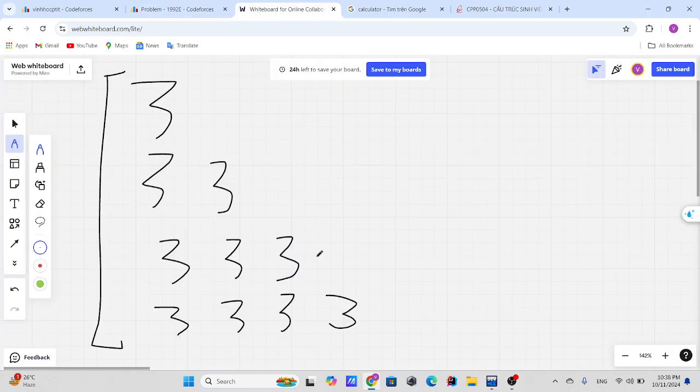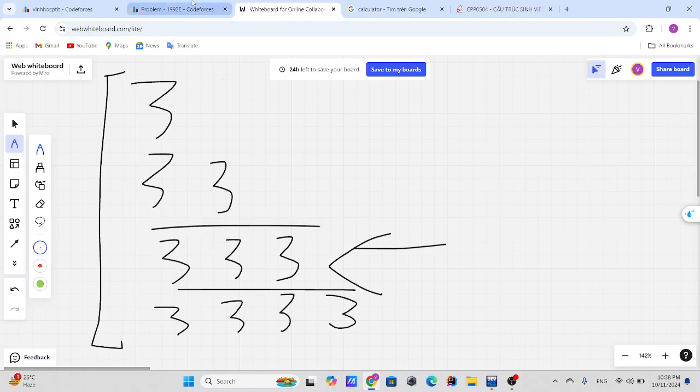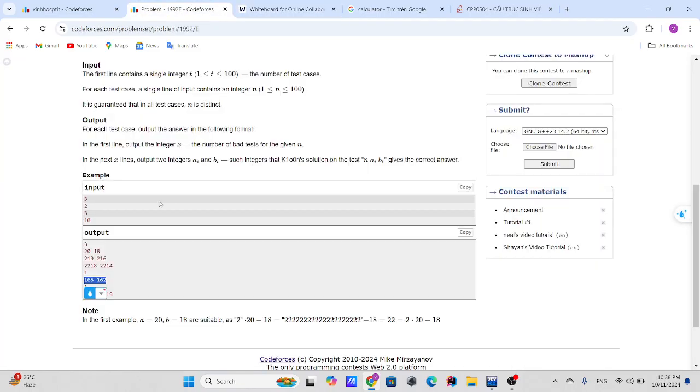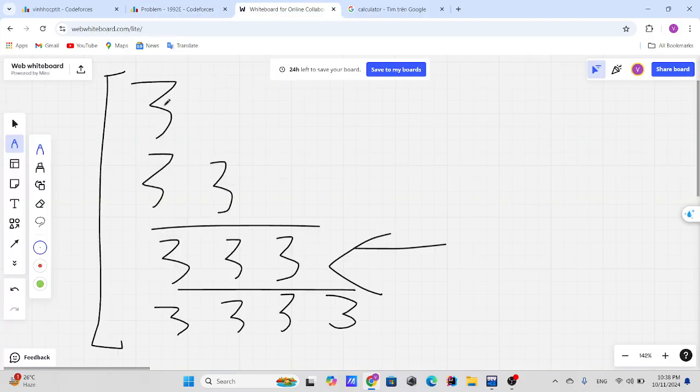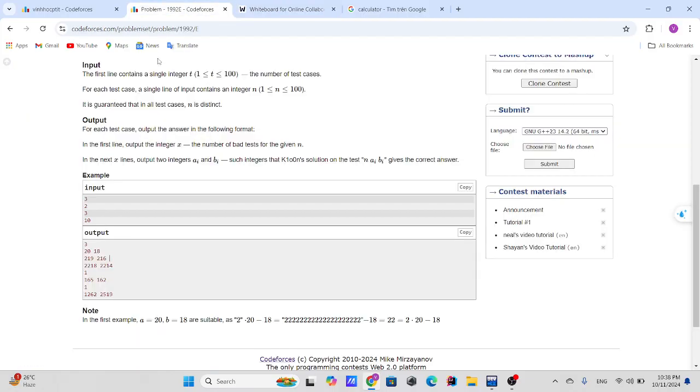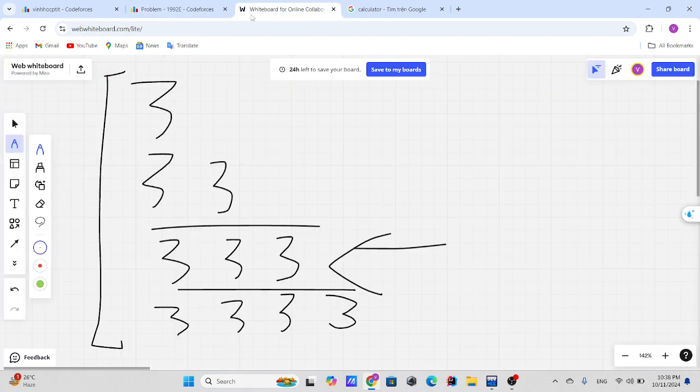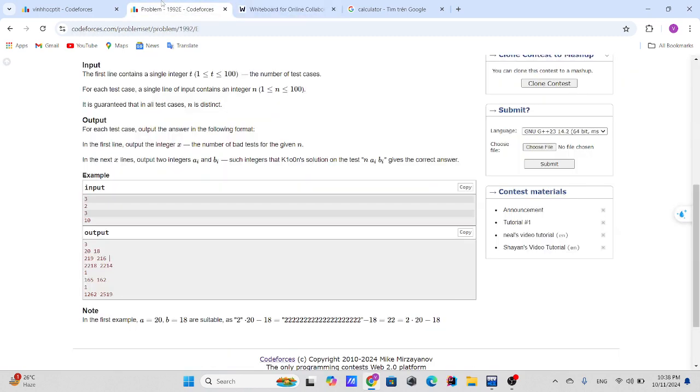Okay, so this one is the correct one, but why? It's super strange. 3 here. What's wrong with 3? No idea. Kind of an idea.